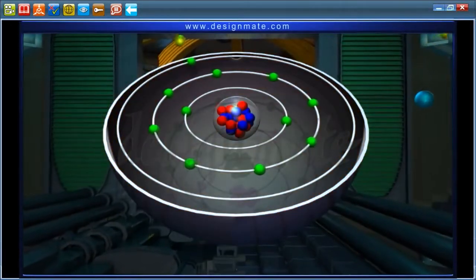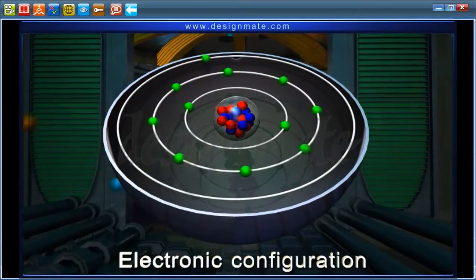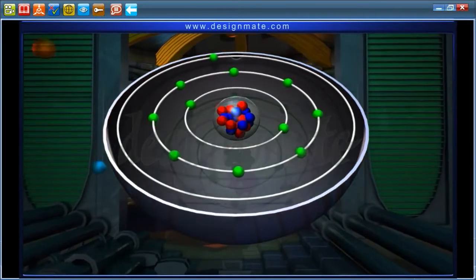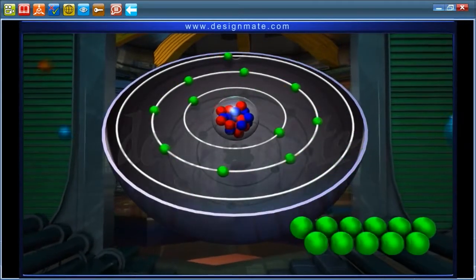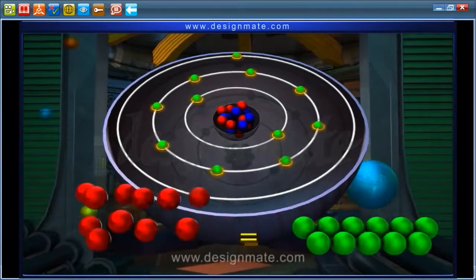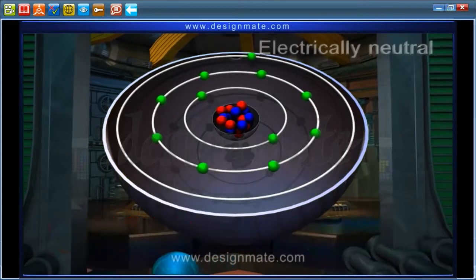This arrangement of electrons around the nucleus of an atom in various orbits is called its electronic configuration. Please note here that the number of electrons in an atom is always equal to the number of protons, which makes the atom electrically neutral.